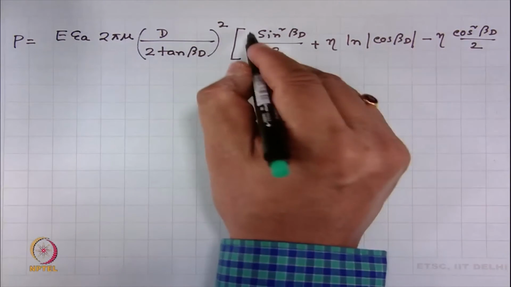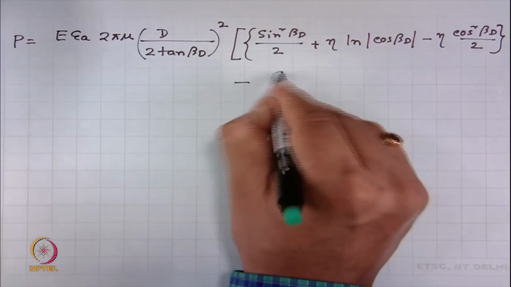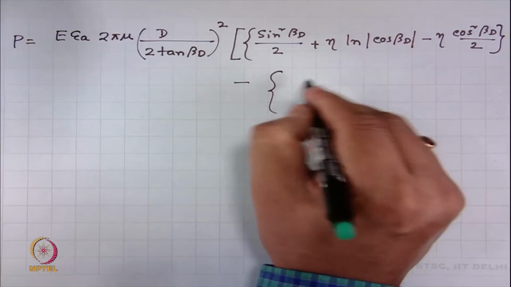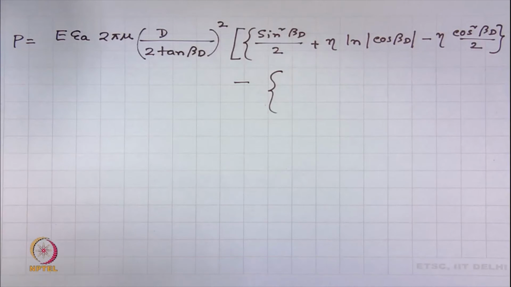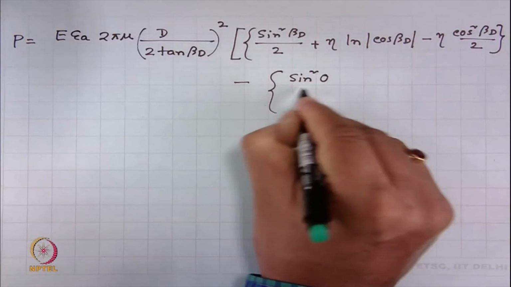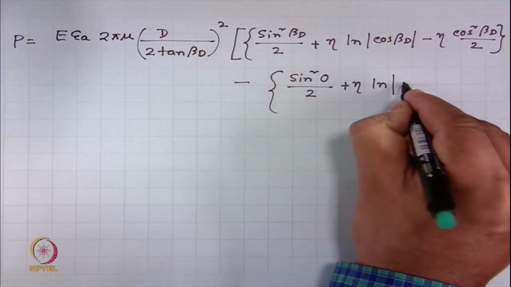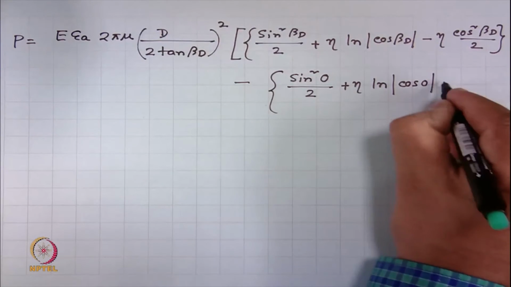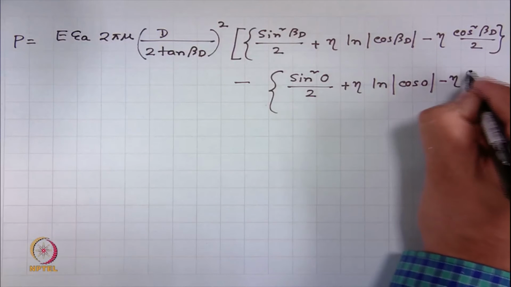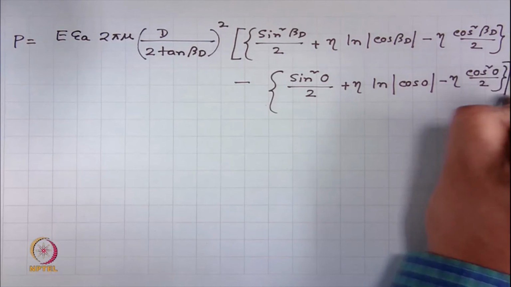This is the first part, minus second part: sin square 0 by 2 plus eta ln cos 0 minus eta cos square 0 by 2.